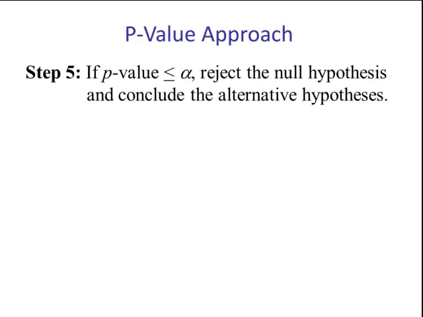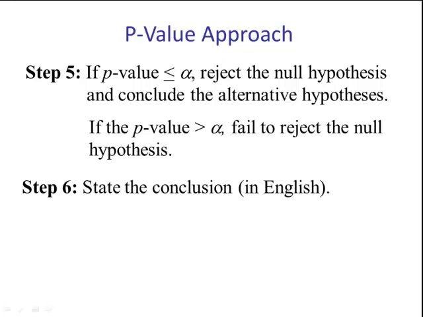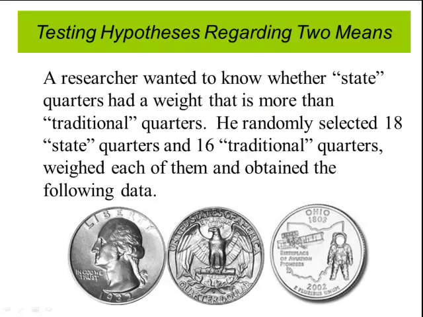Step number 5, as before, if the p-value is less than or equal to alpha, we reject the null and conclude the alternative. If the p-value is greater than alpha, we fail to reject the null. Step number 6, we state the conclusion in English.